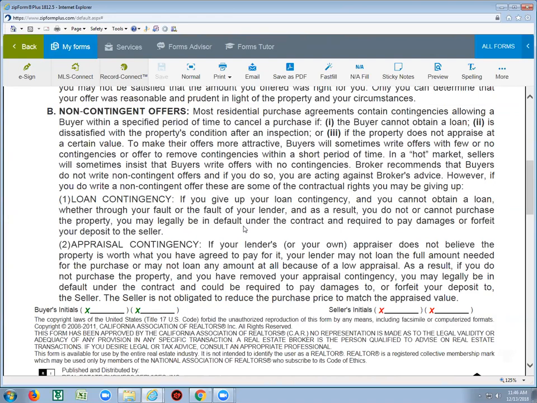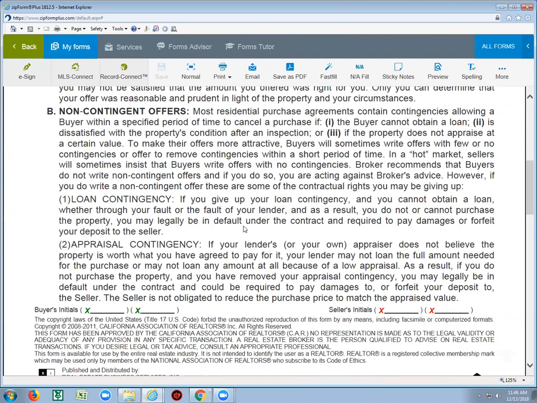Two, the buyer is dissatisfied with the property condition after the inspection. If you look at too many items needing repair, sometimes they want to cancel. Three, the property does not appraise at a certain value. To make an offer more attractive, the buyer will sometimes write an offer with few or no contingencies, or offer to remove contingencies within a short period of time.